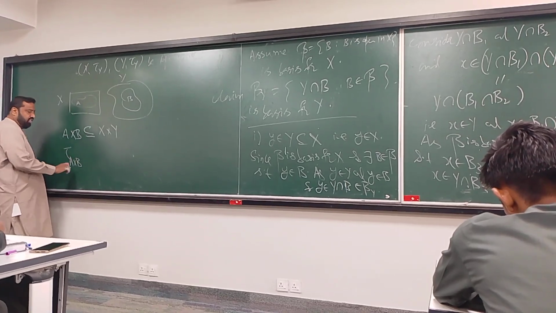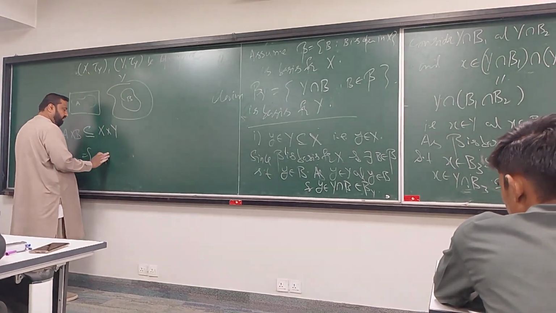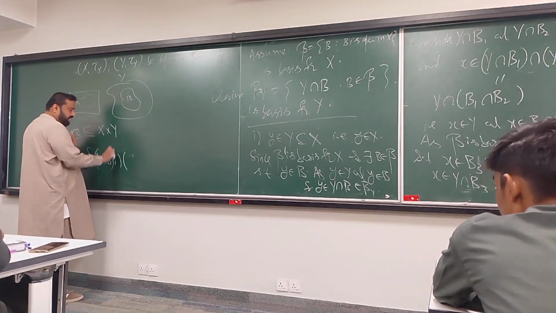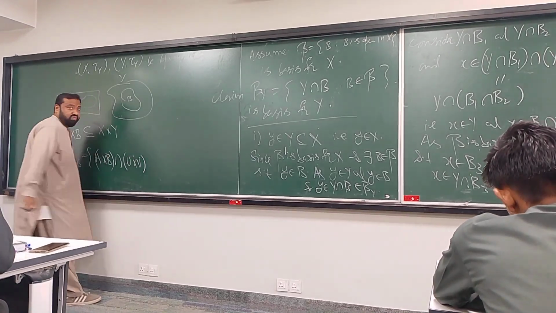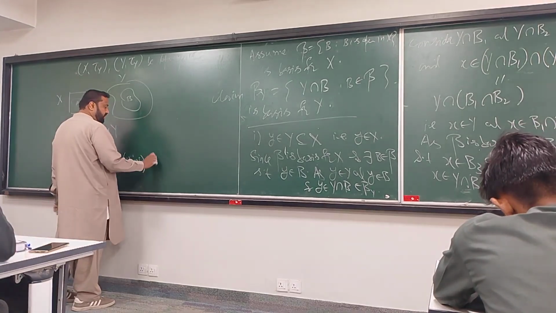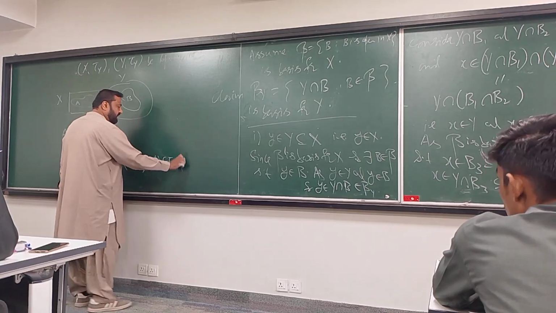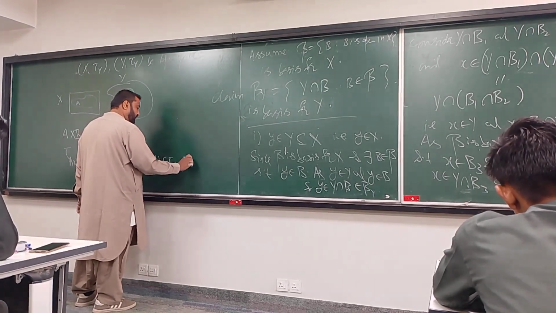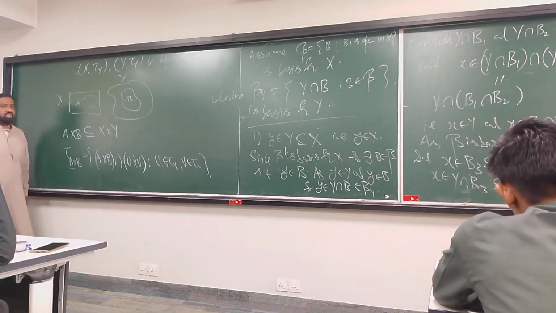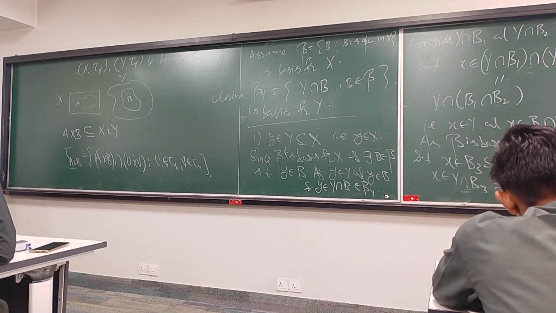Then tau A cross B is going to be the intersection of A cross B with the open sets here, U cross V, where U is open in X and V is open in Y. And that's the subspace topology on A cross B. So, are we happy with it?